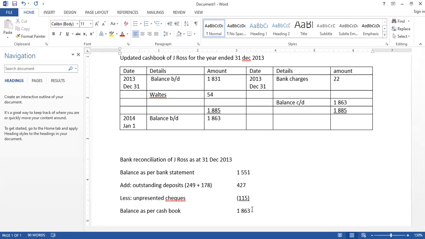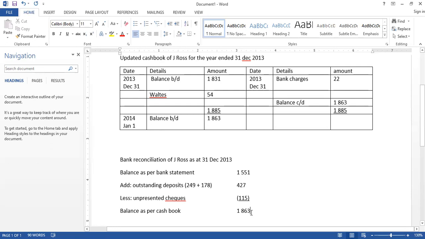The formula when given an overdraft is: balance as per bank statement, less outstanding deposits, add unpresented checks. So it's the opposite. When it's a bank overdraft, you add unpresented checks and you minus outstanding deposits. Then you get your balance as per cash book, when you are given a bank overdraft.